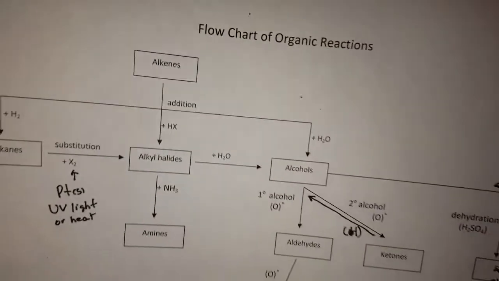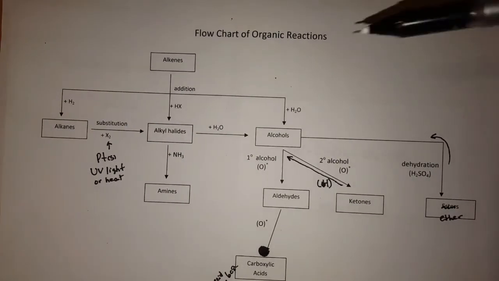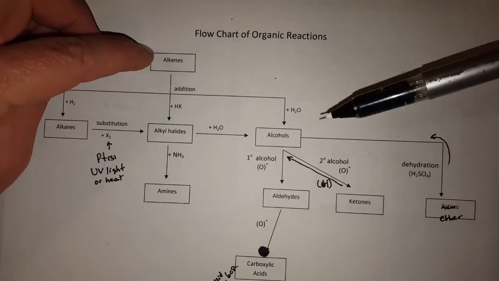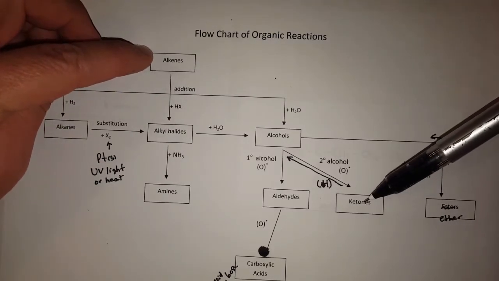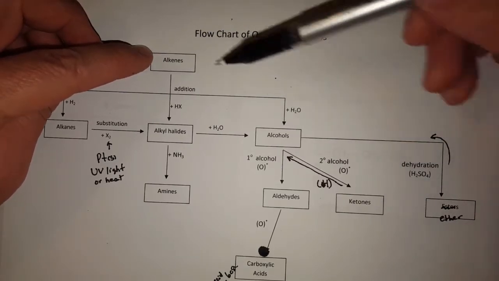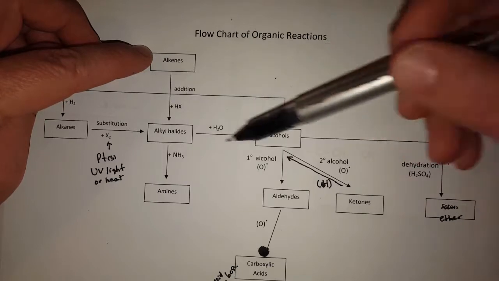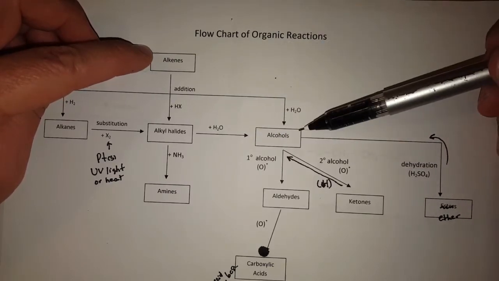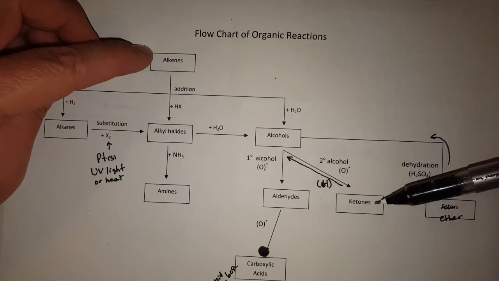Well, if we come to our flowchart, my 1-pentene is an alkene, my 2-pentanone is a ketone. So I want to go from here to there. And there's no direct connection, so that means I have to go through the flowchart. And I start here. The shortest route is for me to become an alcohol, and then to become a ketone.